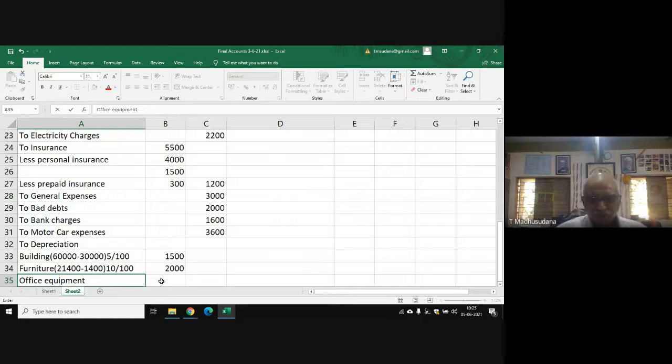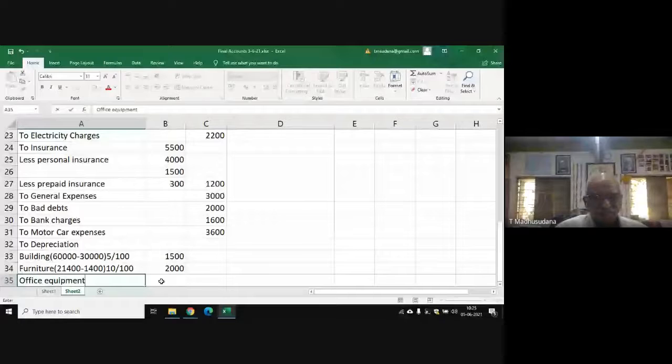But purchase of a typewriter during the year for 4,000 has been wrongly debited to the purchases account. That means the 4,000 typewriter is to be added, and on that value we have to calculate the total depreciation on equipment.